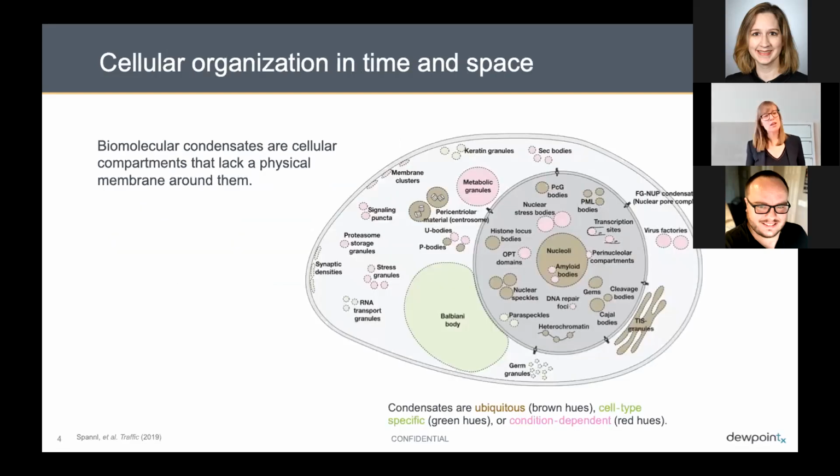So biomolecular condensates are cellular compartments that lack a physical membrane around them, and they can organize the different cellular processes in time and space. As we can see from this diagram, some condensates are ubiquitous in brown, some are cell type specific in green, and some are condition dependent in red.